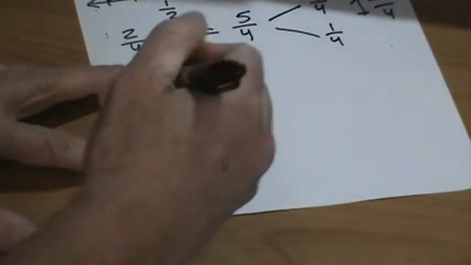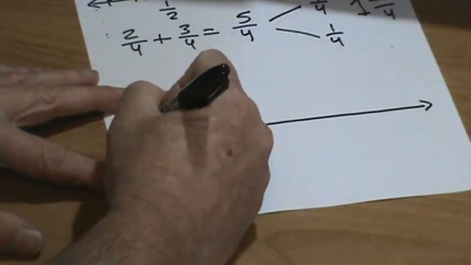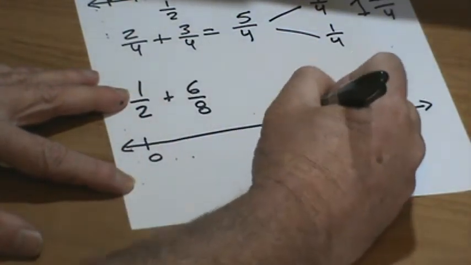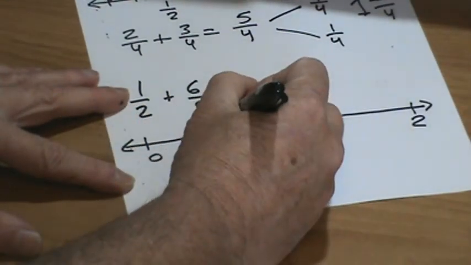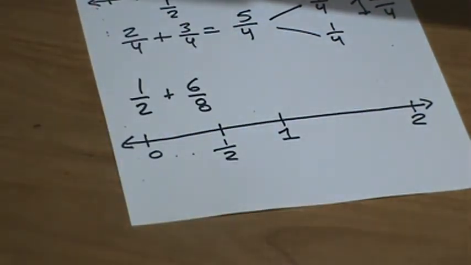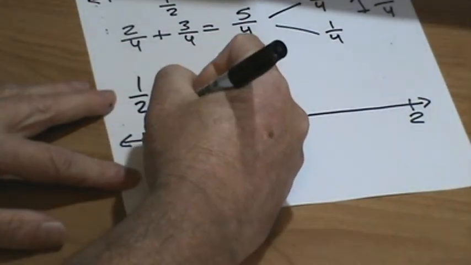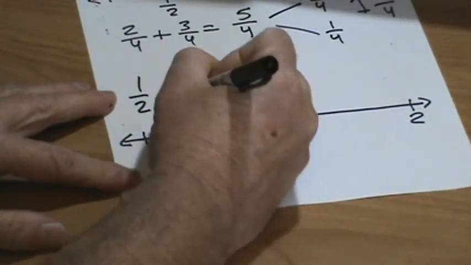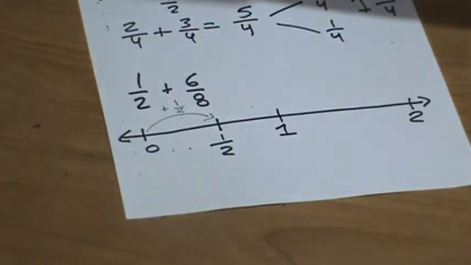Let's go down here to 1/2 and 6/8. We're going to use a number line again. And I can guarantee that this is going to be greater than 1. So let's do 1/2 for starters. Plus 1/2. And then we need to add on 6/8. So we need to turn this into 8ths.